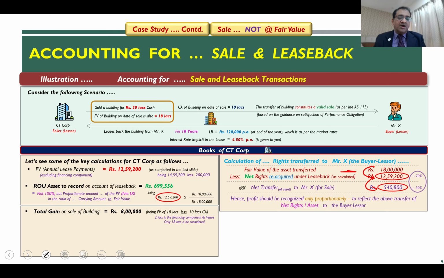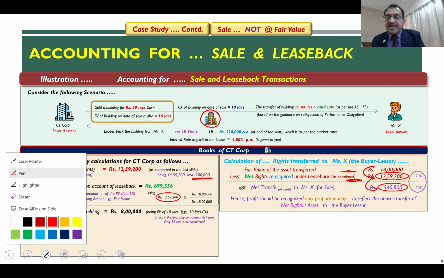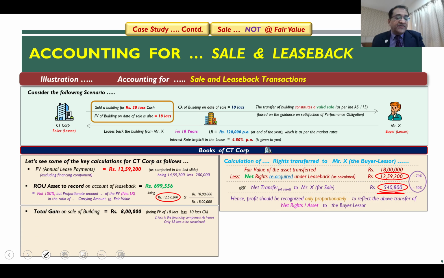So fair value minus the net right which has been reacquired on the leaseback, after removing the effect of the financing impact of 2 lakh. And therefore, what they have transferred is 5,40,800, which as a percentage of the 18 lakh turns out to be 30%.